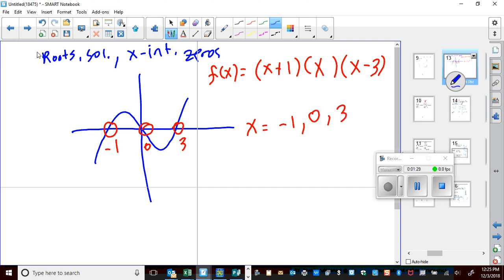And I want you to note that these are the factored forms of these zeros. They're the opposites. So this is a third-degree polynomial. It has 2 turning points, so 2 plus 1 equals 3. These are the things you should already know.